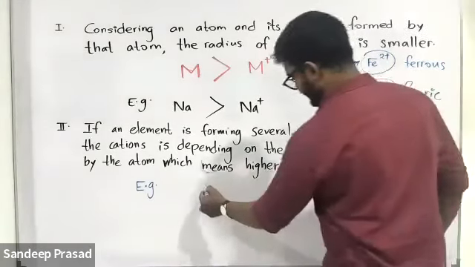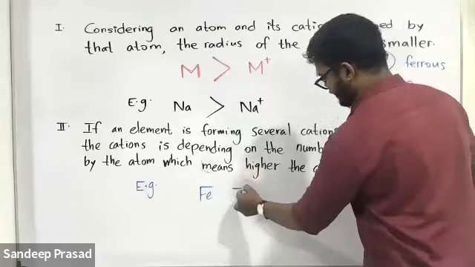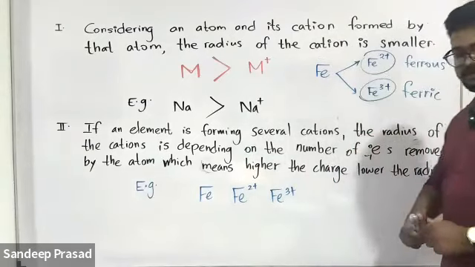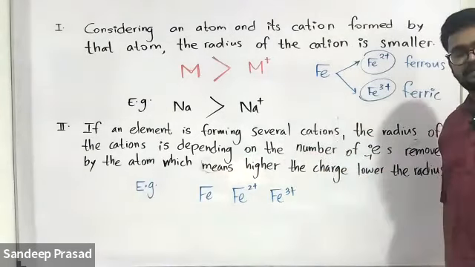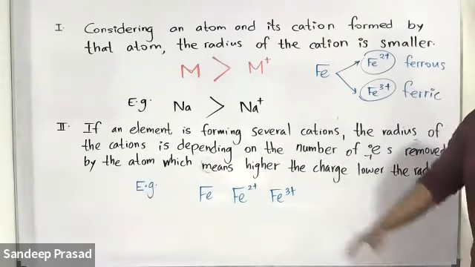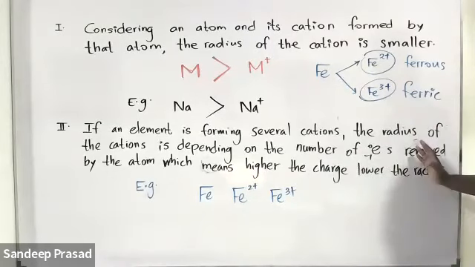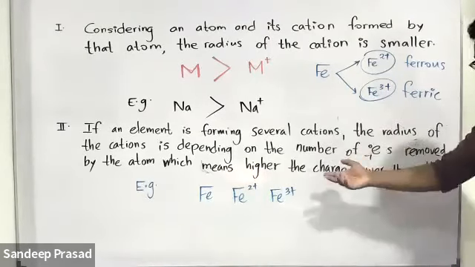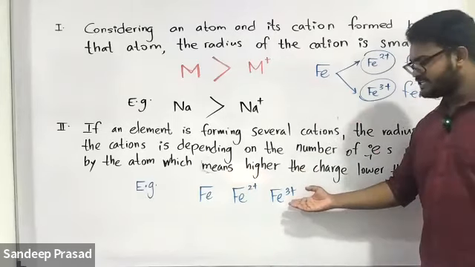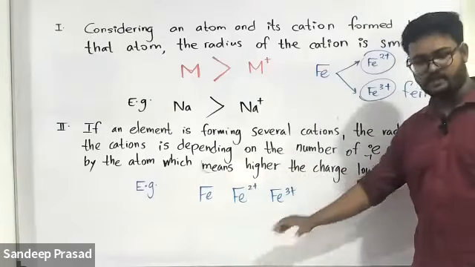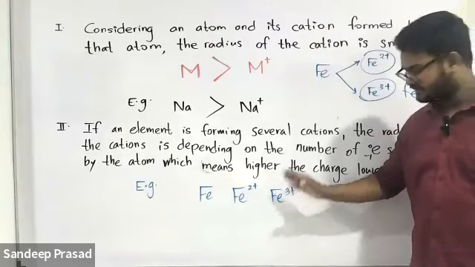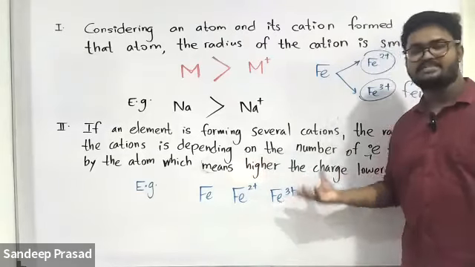So if I consider Fe, the element, and Fe2 plus and Fe3 plus: if an element forms several cations, the cation's radius depends on the number of electrons removed by the atom, which means the higher the charge, the lower the radius. Here the number of electrons removed by iron is 3, so Fe3 plus should have the least radius.